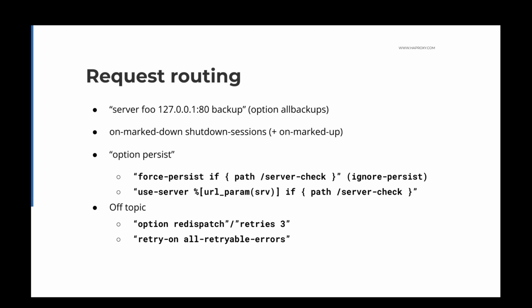So you could request /server-check?SRV=SRV1, and it would check SRV1 even if it's failing health checks. Useful for some particular setups. We have the redispatch and retries I already mentioned, and retry-on all-retryable-errors if you want to retry everything.